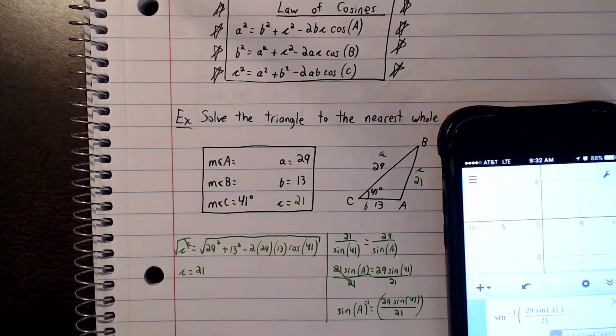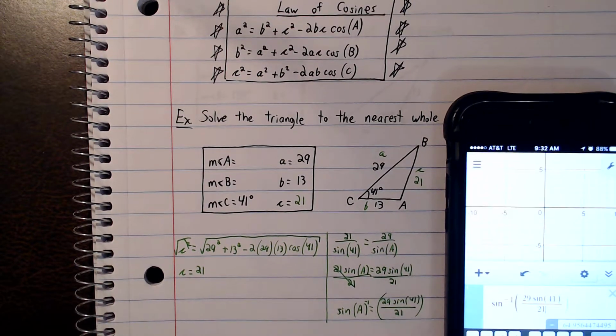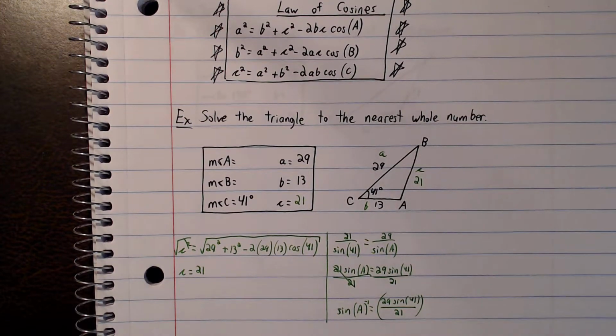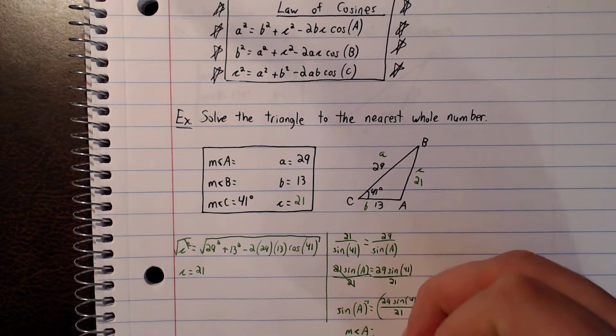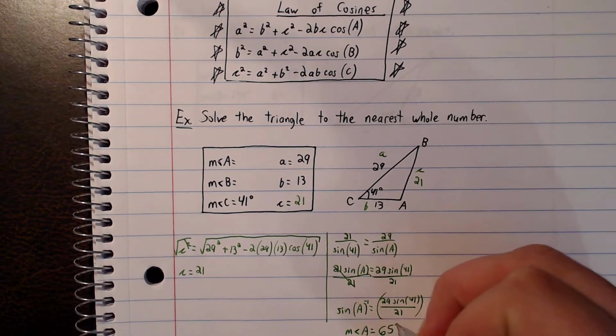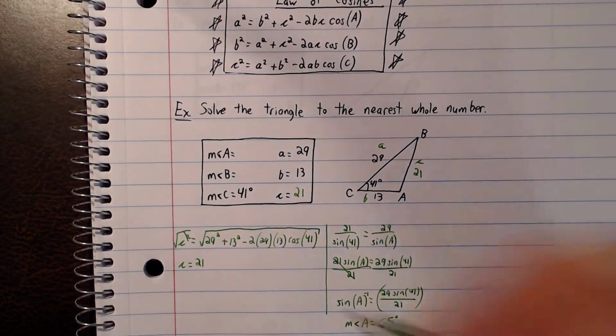And it comes out with 64.9, which will round up to 65. So we get the measure of angle A to equal 65 degrees.